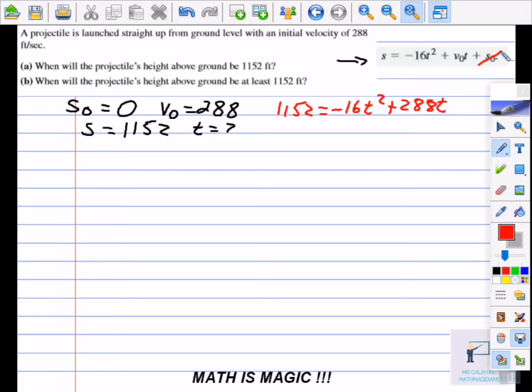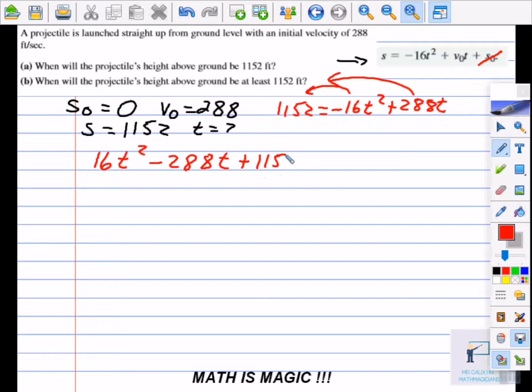If we solve for t, we move everything to this side, making it equal to 0, and we will have 16t squared minus 288t. You change your signs when they move to the opposite side, plus 1,152, and now everything is equal to 0.